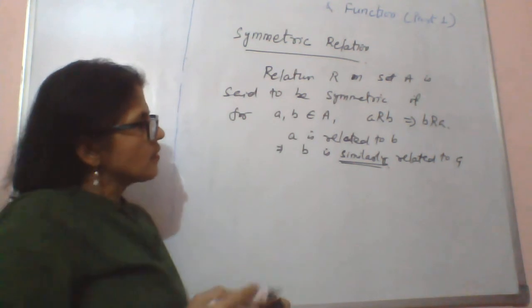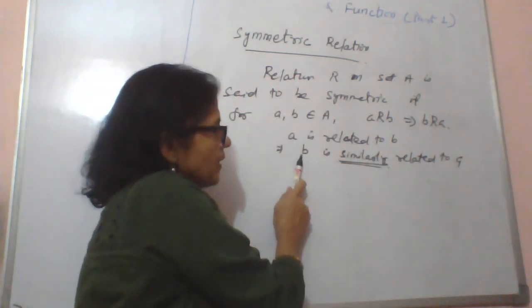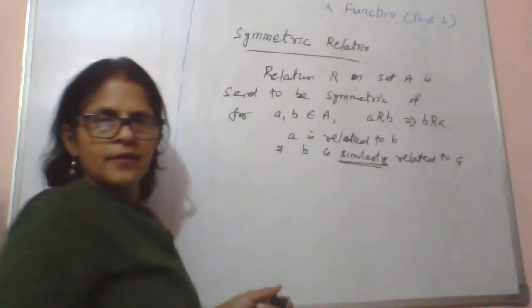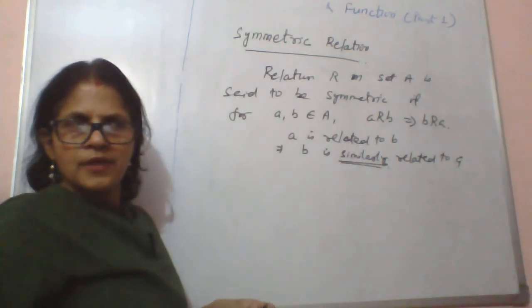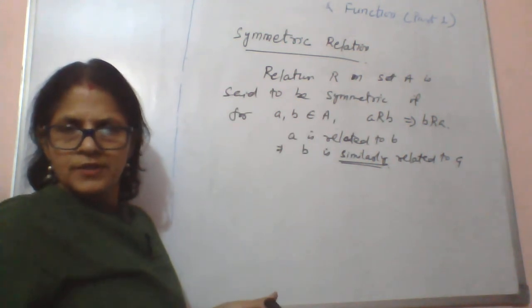So the way A is related to B, this implies B is similarly related to A. But if I say A greater than B, this doesn't imply B greater than A. So greater than cannot be a symmetric relation. A smaller than B doesn't imply B smaller than A.